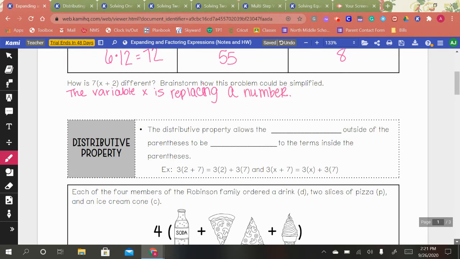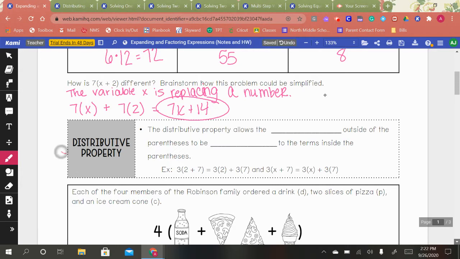If we were in class, we would brainstorm different ways to solve this. But since we are just writing down notes, we are going to solve it by saying 7 times x plus 7 times 2. So we get 7x plus 14, which we cannot combine together. So that's as simplified as we can get.